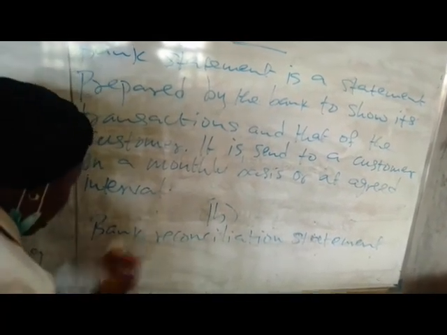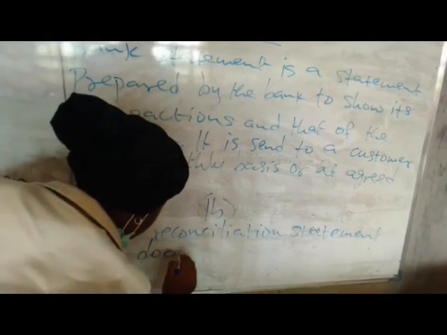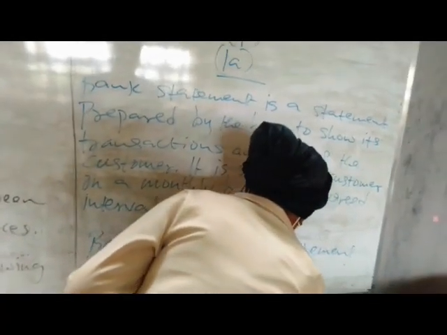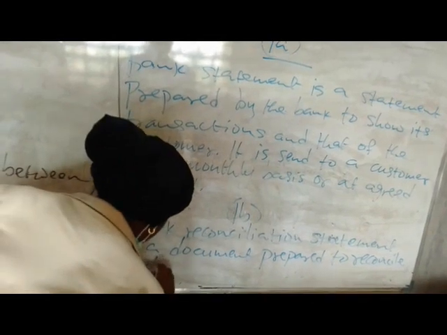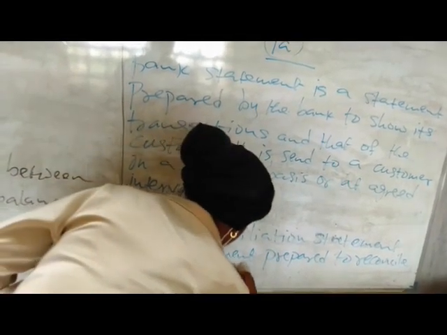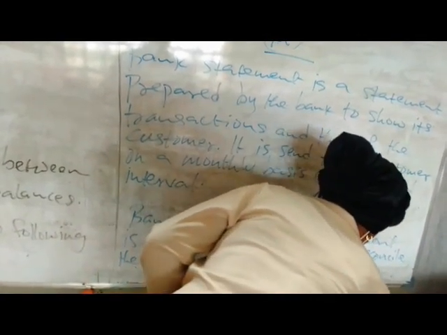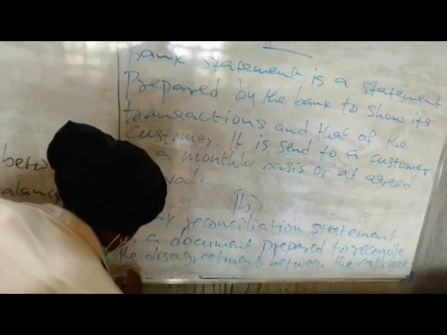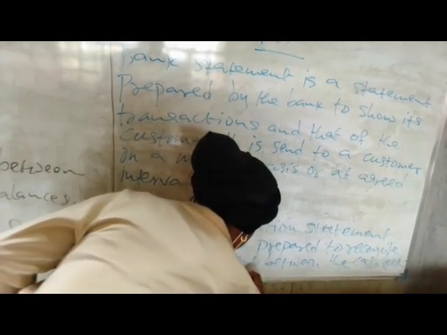Bank reconciliation statement is a document prepared to reconcile the disagreement between the cash book and the bank statement.